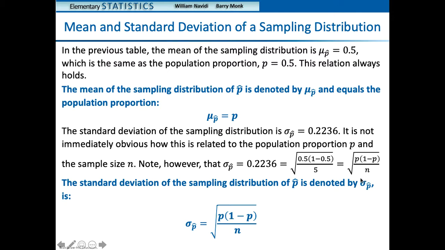If you plug those numbers into this formula and compute it, you would get the standard deviation of the sampling distribution. Okay? So the standard deviation of the sampling distribution of p hat, the symbol we use for that is sigma with the subscript p hat, and the formula that relates it to the population proportion and the sample size is this. It's the square root of p times 1 minus p over n.